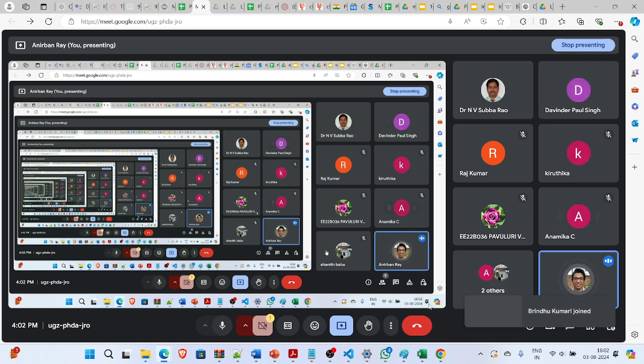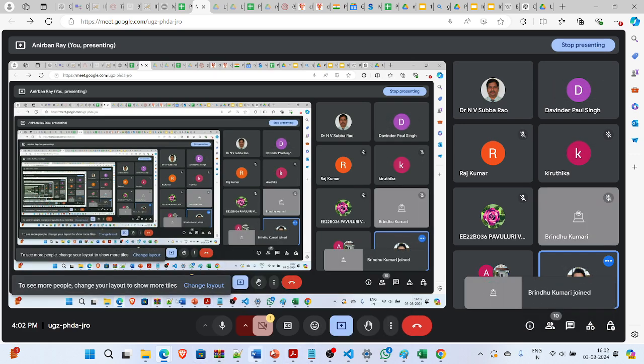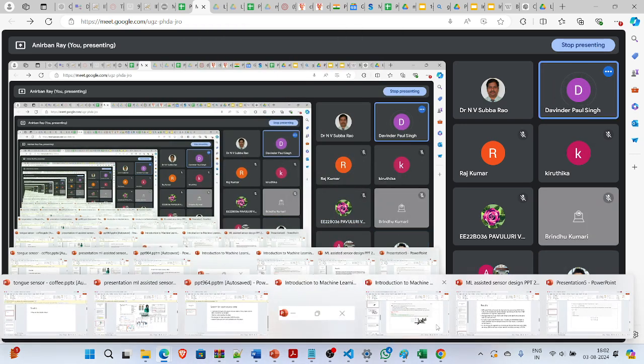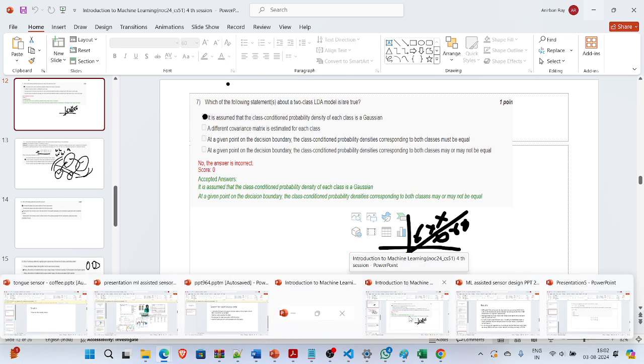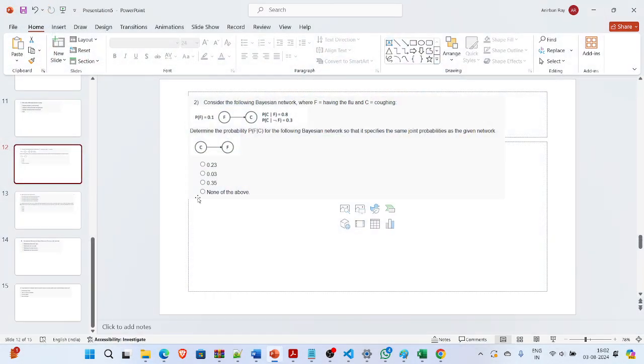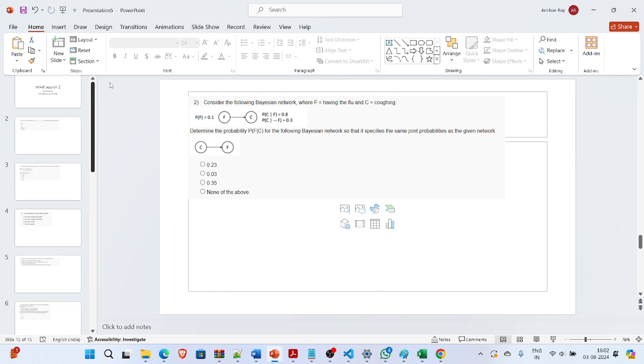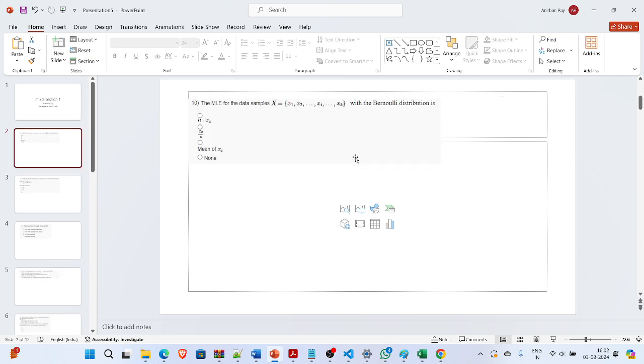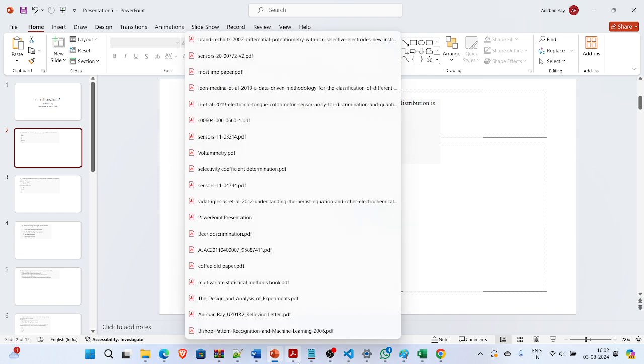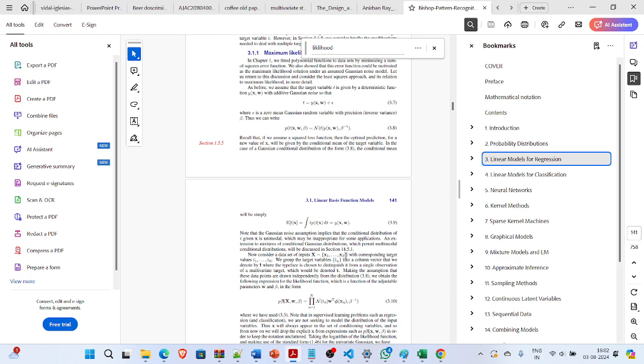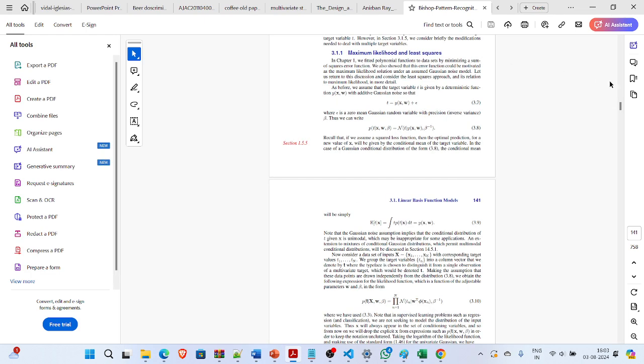Our first problem is on MLE. To explain that, I'm going to start with Bishop, a classic book for machine learning. I'm going to explain from here.